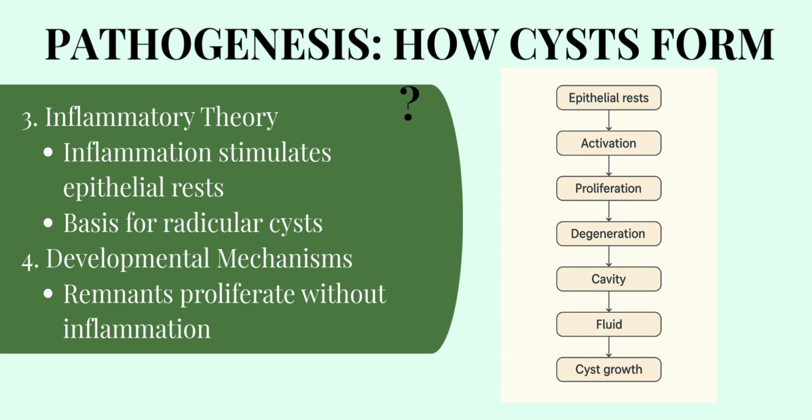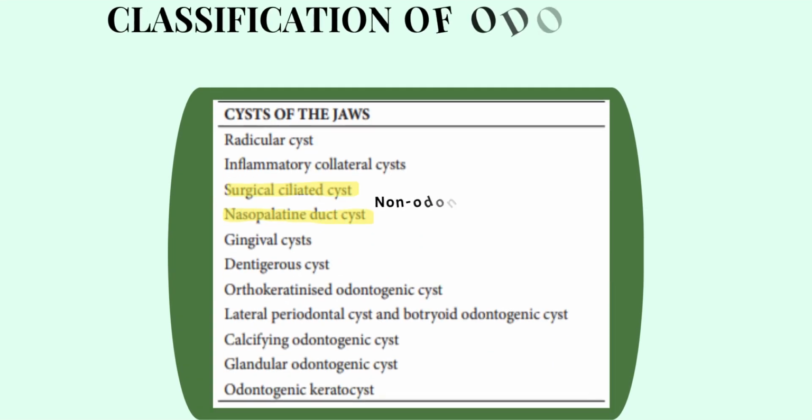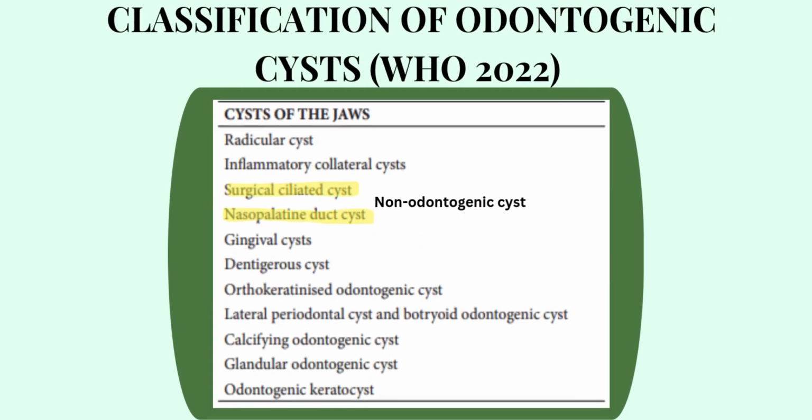So in these cases, inflammation acts as the driving force for cyst formation. There are also developmental mechanisms where cysts form simply because remnants from the tooth-forming tissues continue to grow even without inflammation. Together, these theories help explain why and how cysts expand inside the bone.